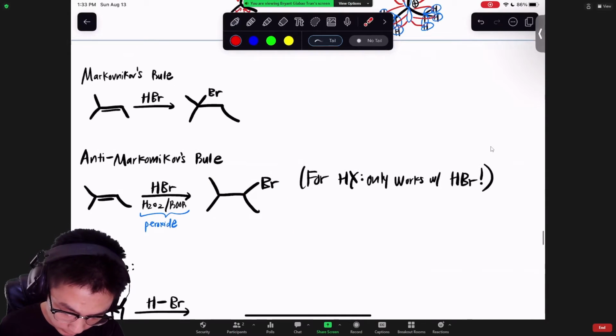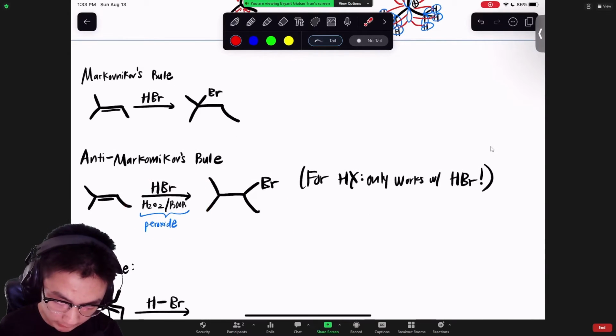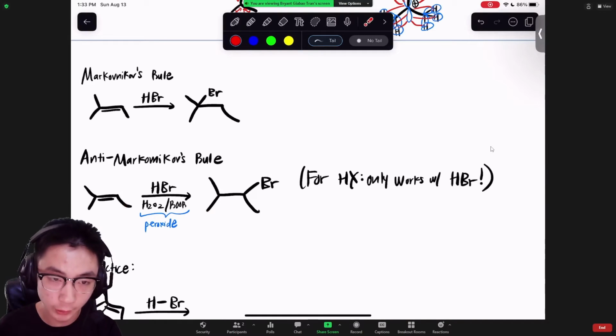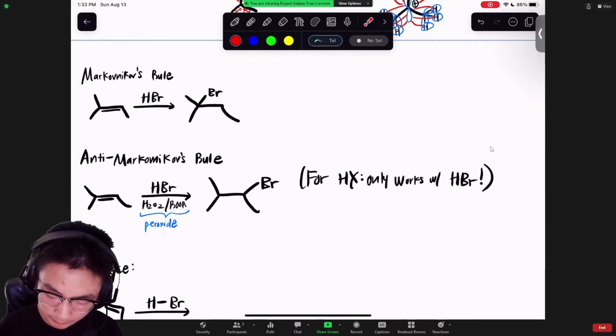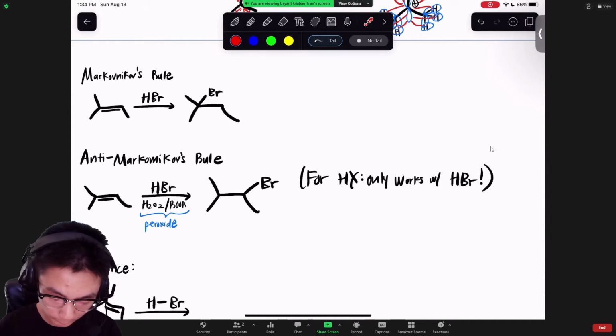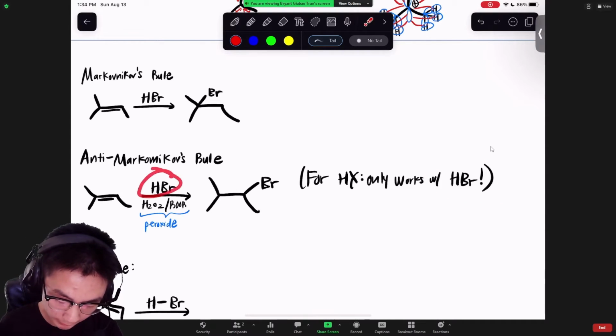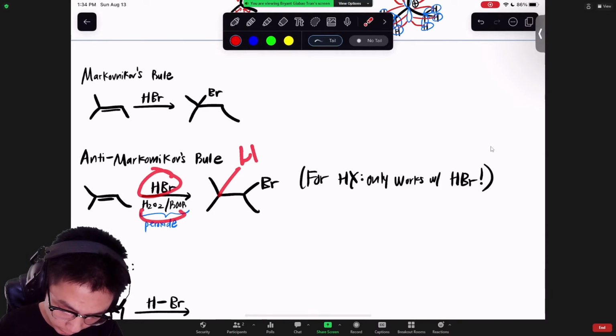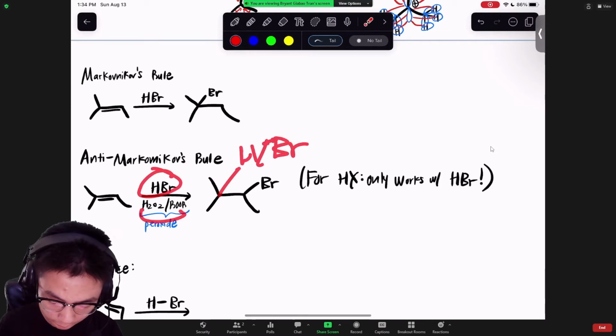And for this specific type of reaction, HX with a peroxide like H2O2 or ROOR, this only works with HBr. This would not work with HCl or HI. If we see HCl or HI on top and peroxide on the bottom, we would get the Markovnikov rule instead of the anti-Markovnikov rule.